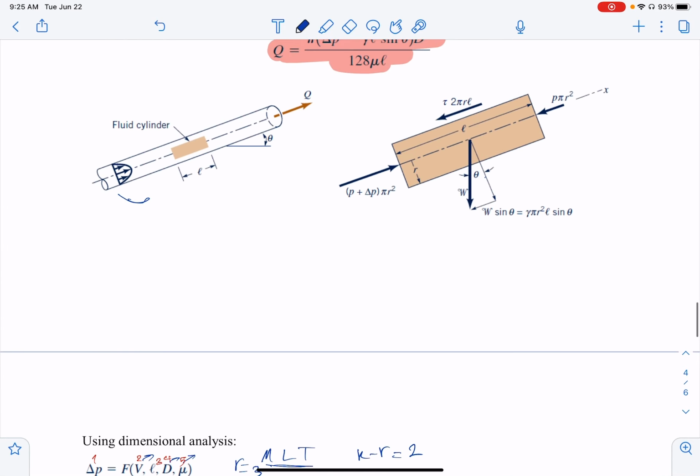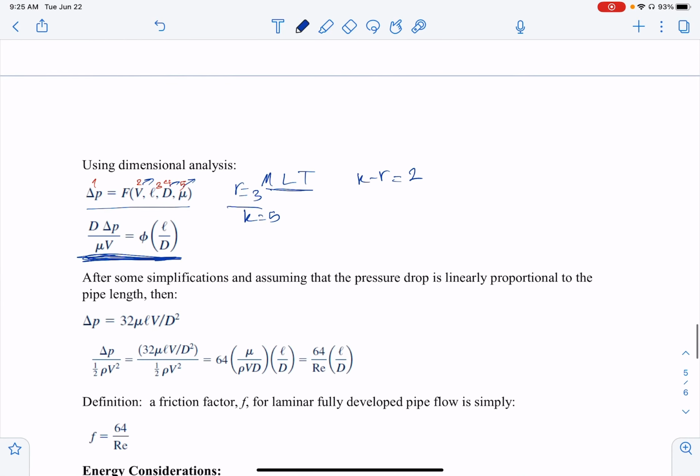We just see it in the figures as well. So it means that by using that one and the definition of that, we can say the pressure drop is directly proportional to the pipe length. Let me just write down the assumptions here.